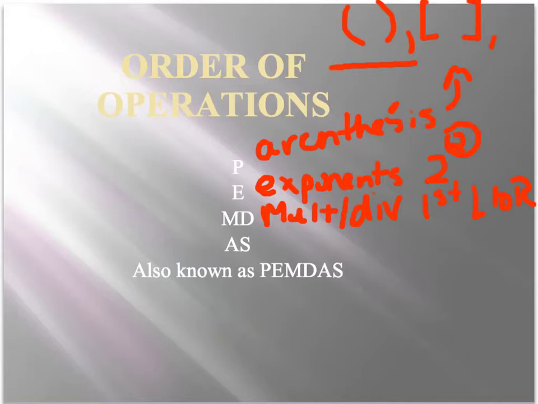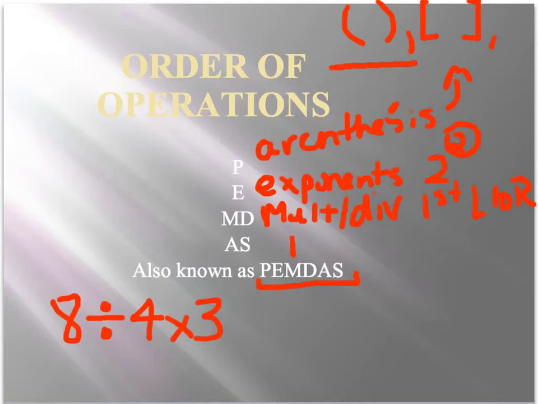Now, let's say I'm doing a math problem, and I'm doing 8 divided by 4 times 3. Well, if you look at PEMDAS this way, it looks like I would do all multiplication first. But the way I have it written, I do whatever comes first, left to right.